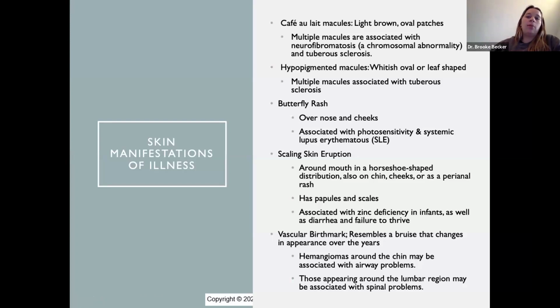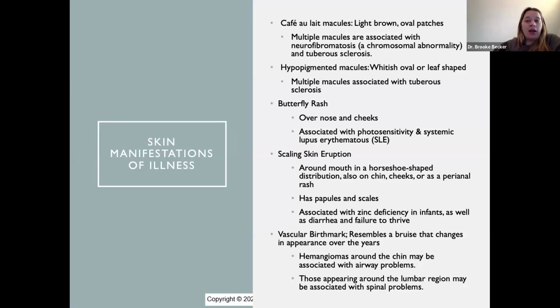And then also you worry about tuberous sclerosis, which is an autoimmune condition. Okay. So if you see kids who have multiple cafe au lait spots, then they need to be seeing neurologists usually, and genetics. Okay.